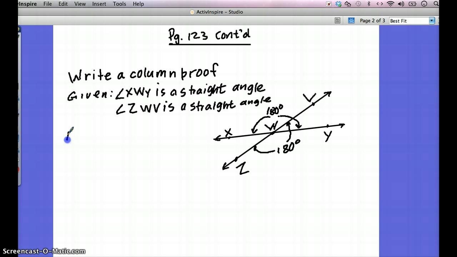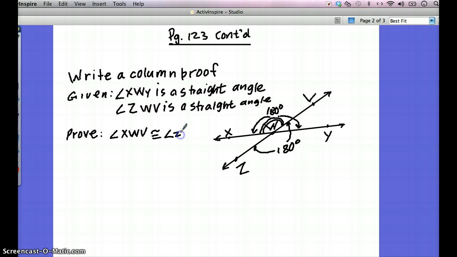We're required to prove by logical statements and reasons that angle XWV, this one right here, XWV, I'm going to give it a double arc here, is congruent to angle ZWY.